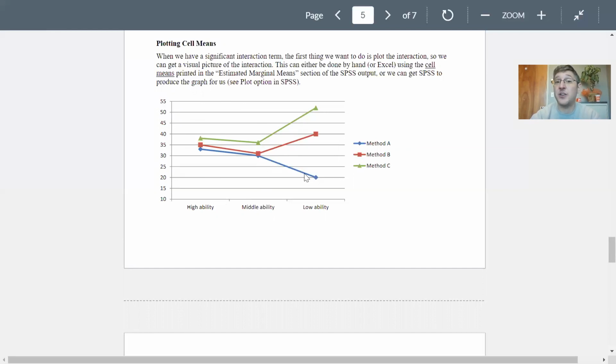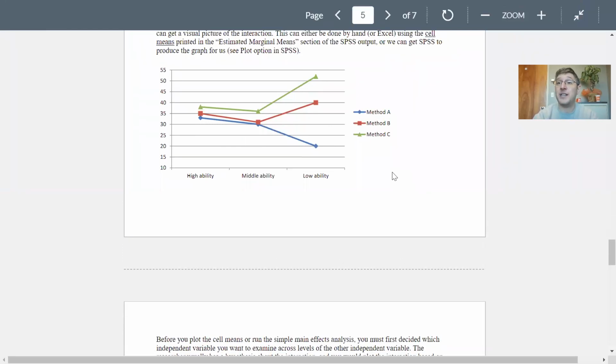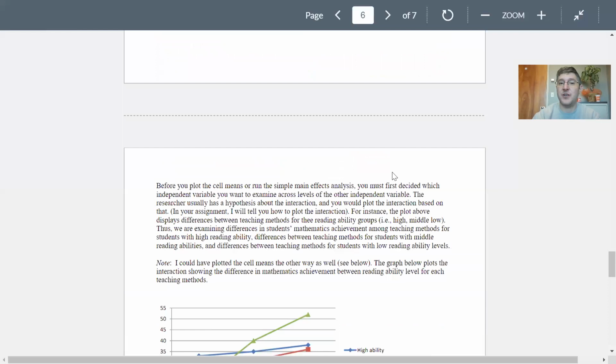We'll run another one-way ANOVA looking only at those in the average ability group, and a third one-way ANOVA looking only at those in the low ability group, comparing the three different teaching methods. So that's what the simple main effects analysis is. We select on one independent variable and compare levels of the other independent variable within levels of the first.